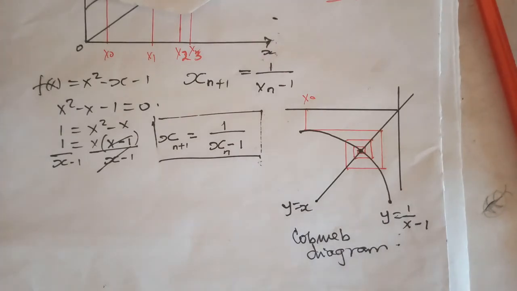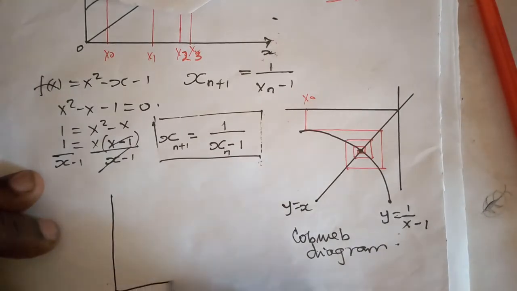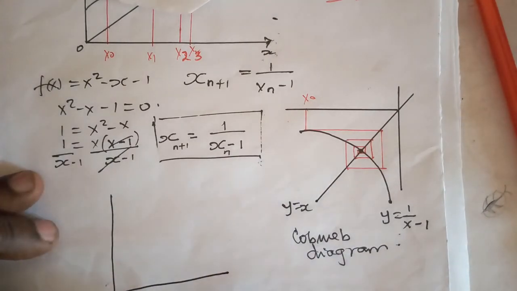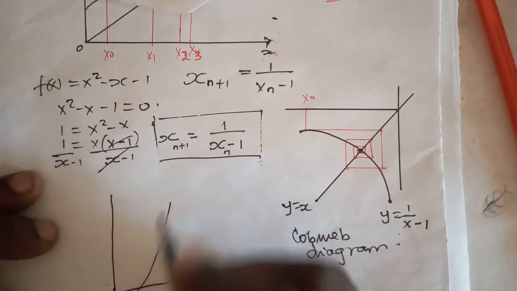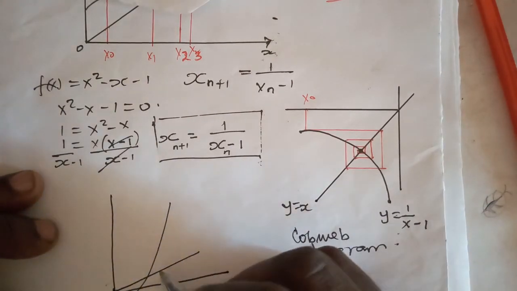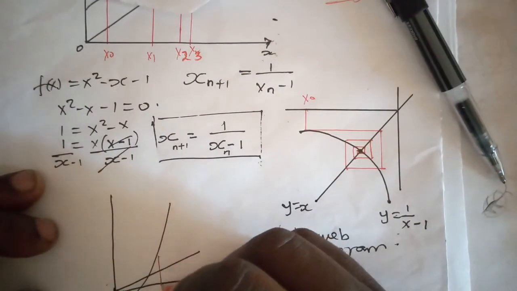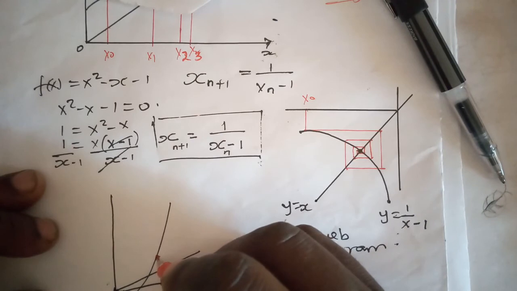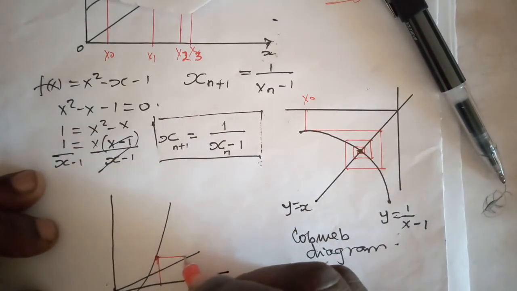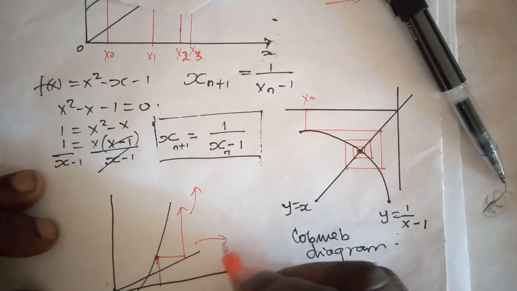When you have this kind of a root, you can have that kind of a graph, and this other one. When you start far away from the root, you continue to diverge. This is going this way, and this is going this way.